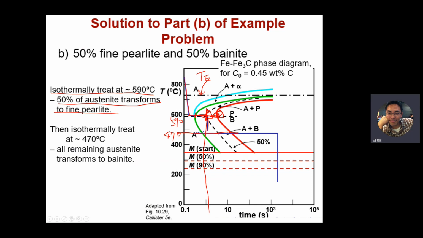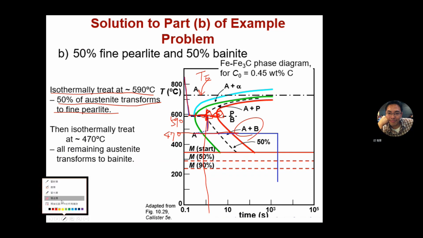So that's the heat treatment path, the time and temperature path for 50% pearlite and 50% bainite. So finally we got 50% and 50%. I'm sorry, it's not this one.